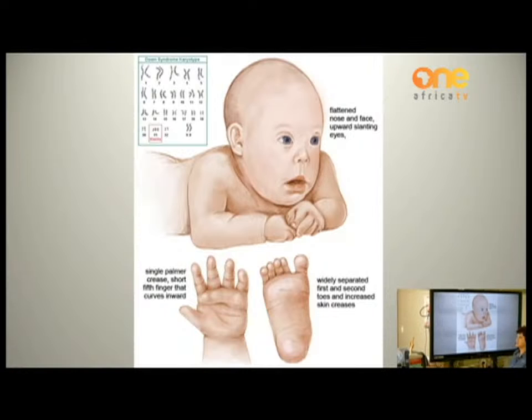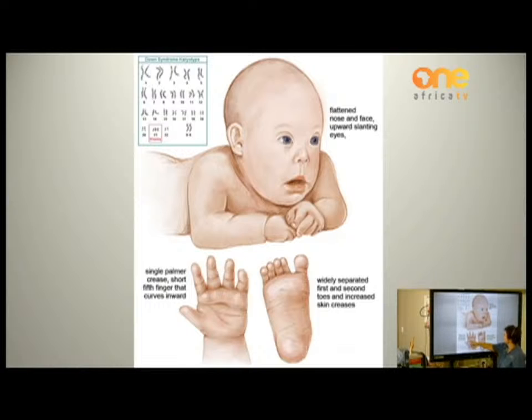Now, Down syndrome is where we see, when the baby is born, a flattened nose, upward slanting eyes, and interestingly, the fingers are very short, especially the little finger.